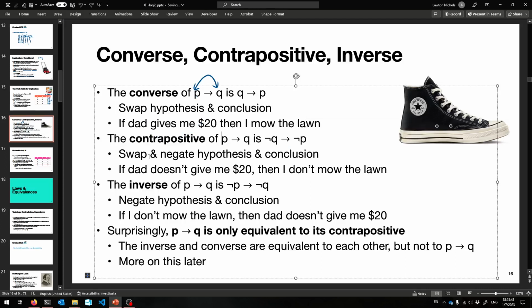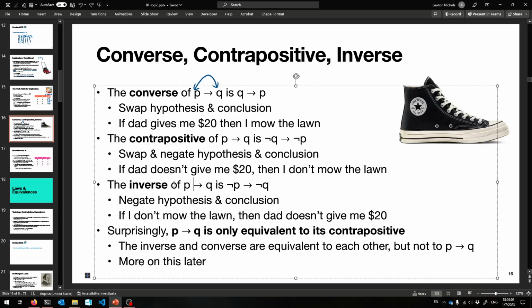So what you do is you swap the hypothesis and the conclusion. You also negate both of them. And somehow that ends up with the same thing. So this is another way of expressing the idea, but it really is equivalent. So if dad doesn't give me $20, then I don't mow the lawn. That's how you would express it in math. Going from P implies Q to the contrapositive, which is not Q implies not P. Okay? If dad doesn't give me $20, then I don't mow the lawn.